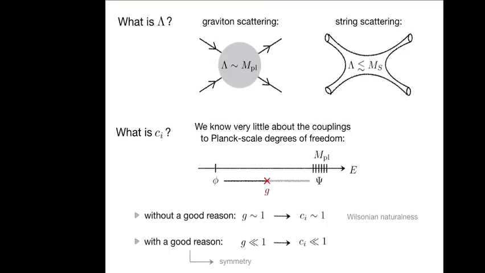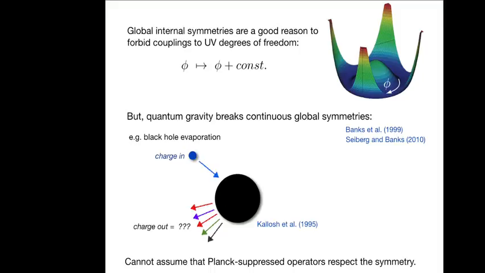Okay. But in the absence of symmetries, you write down everything consistent with those symmetries with order 1 coefficients. Okay. And so these Wilson coefficients are order 1 if you choose Wilsonian naturalness as your principle. Okay, so as I advocated, sometimes there's a good reason for suppressing couplings in the IR or in the UV.